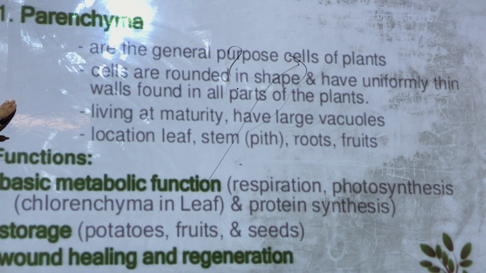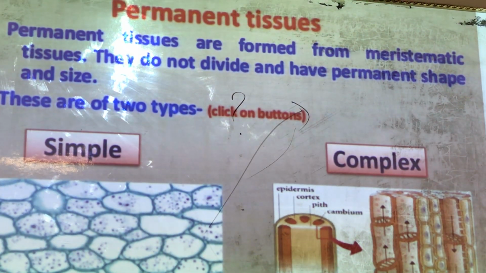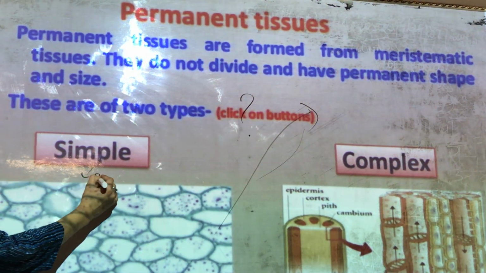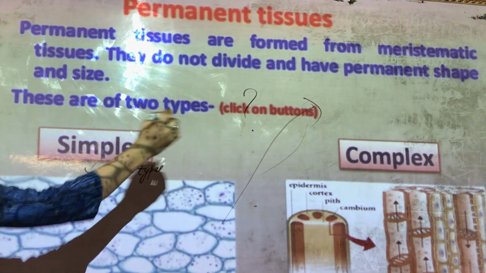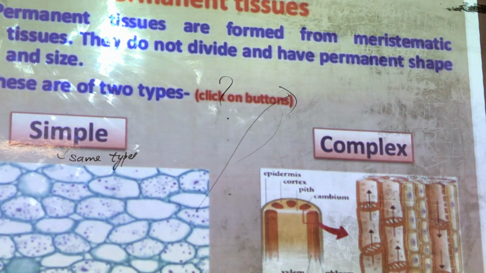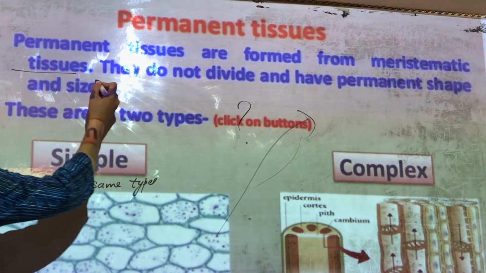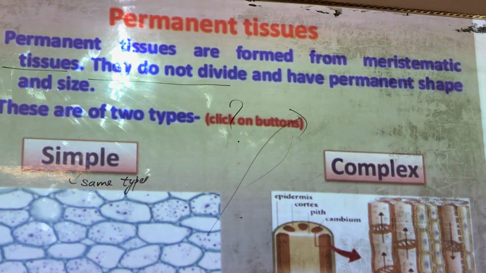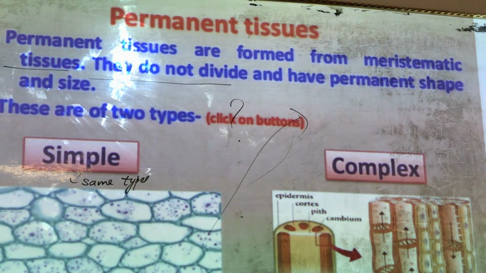So the first type of permanent tissue is simple. In simple, the cells are of the same type. Whereas in complex, the cells are of different types. So permanent tissues are formed from meristematic tissues. They do not divide and they have permanent shape and size.